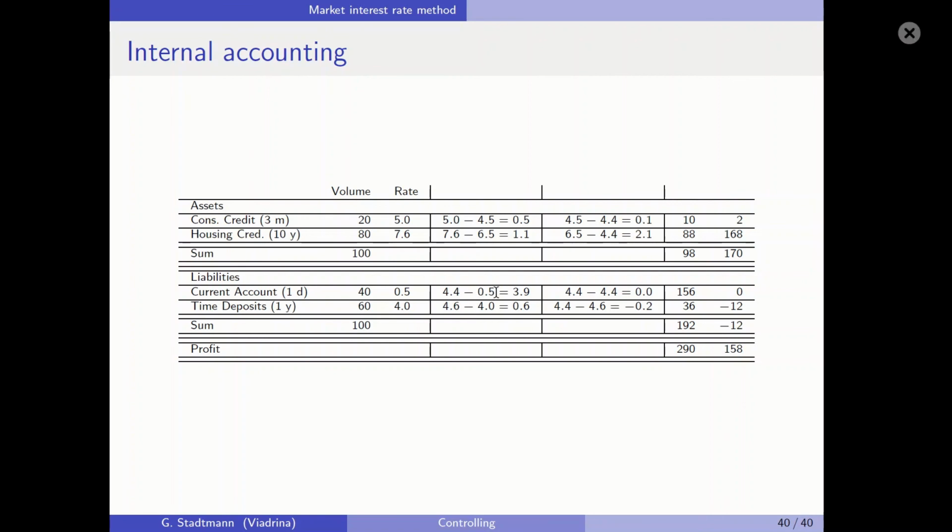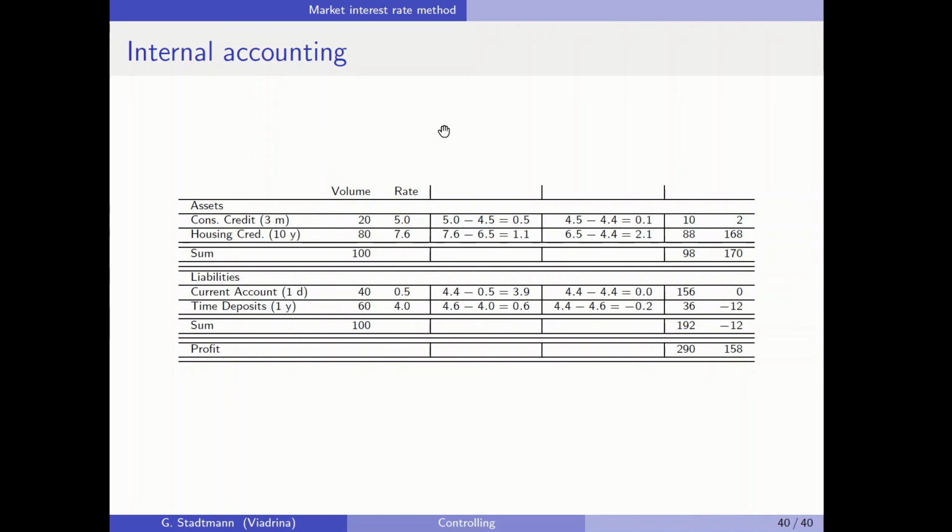So this bank is able to get current account deposits at the interest rate of 0.5%. Instead, when the bank would use the money market, it would have to pay 4.4%. So the advantage due to the fact that this bank is operating with real customers is 3.9%.